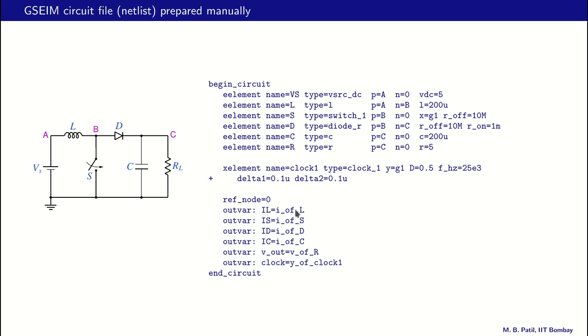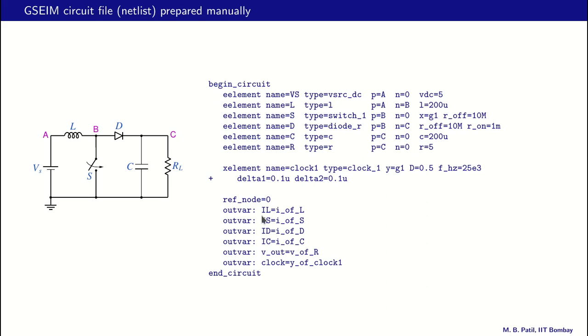Now this L here is the inductor, the name given to that inductor, and that is right here, name equal to L. So what this statement means is that we're going to call the current of the inductor by the name IL.